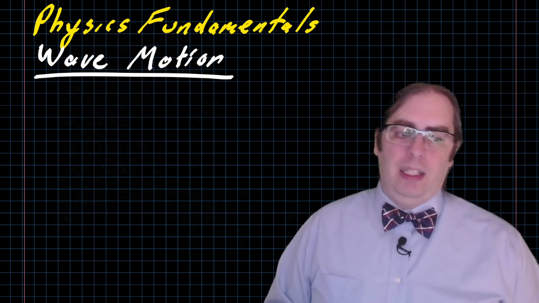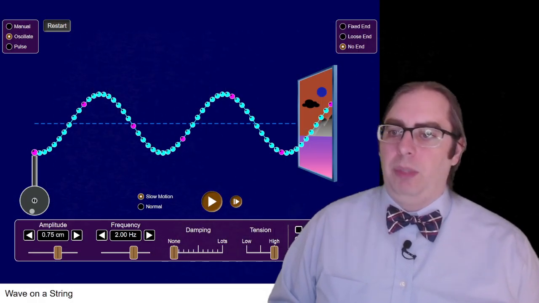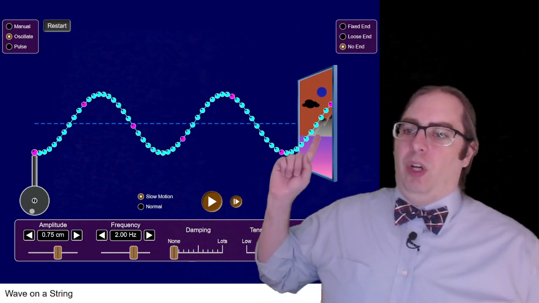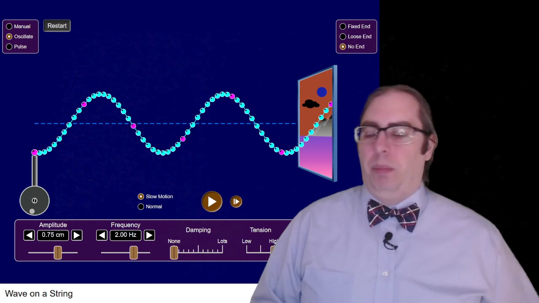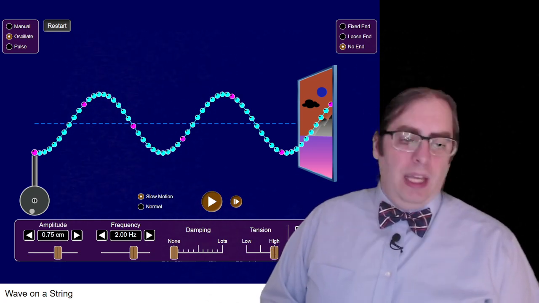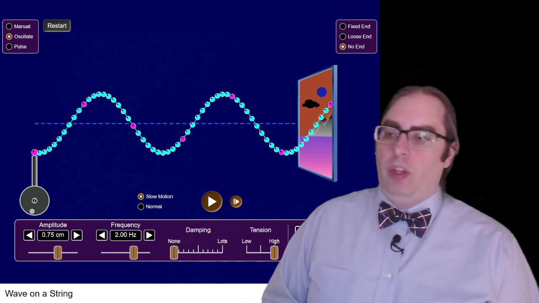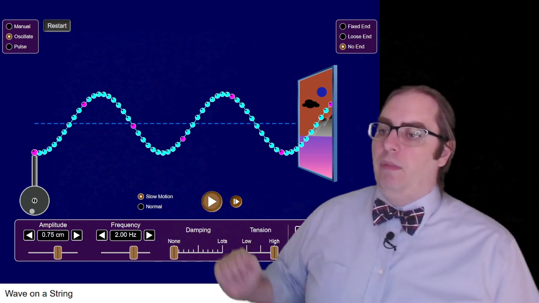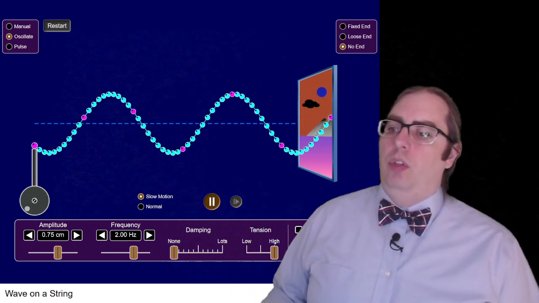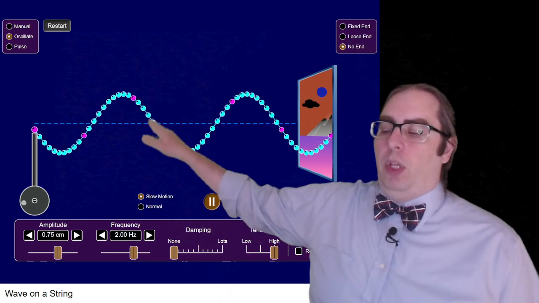To see what I mean, let's jump over to a simulation. It looks like we're on Mars or something because I didn't want the bright white screen to be behind me. And let's go ahead and start this motor running. And as the motor goes, that's just simple harmonic motion.